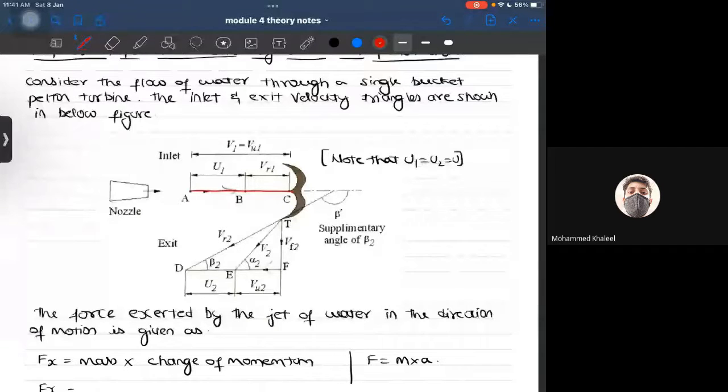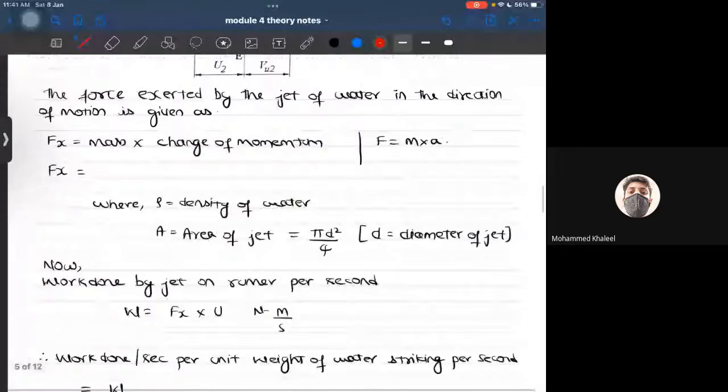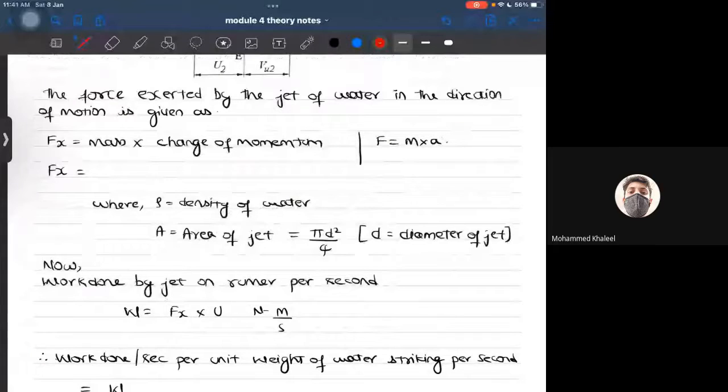Fine. So the force exerted by water in the direction of motion is given by force equals mass into acceleration. You already know that. Force equals mass into acceleration is nothing but the change of momentum, isn't it?